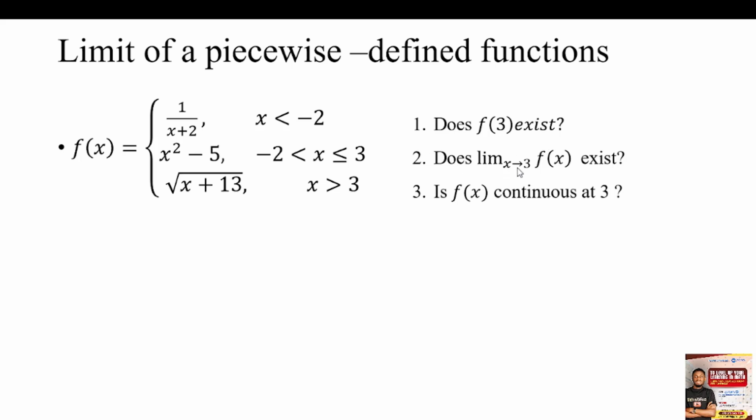Does the limit as x approaches 3 of f of x exist? And is f of x continuous at 3? If you recall, we said that if a function is continuous, then 3 conditions must be satisfied. First, f of 3 must be defined at 3.